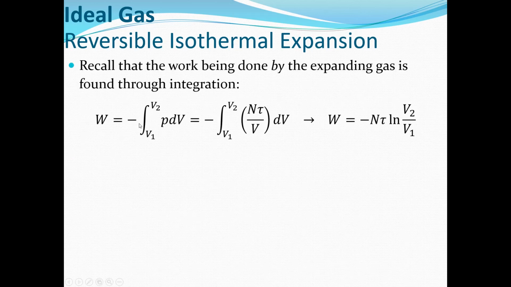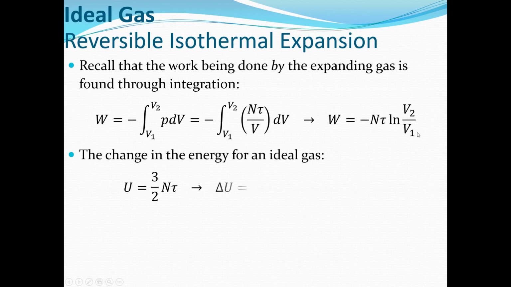Now we can figure out the work being done by taking the integral of p dv. We're going between volume v1 and v2, so plugging in our ideal gas law for the pressure and then integrating that, we end up getting this for the work. And then we also can figure out the change in the internal energy by looking at its equation.